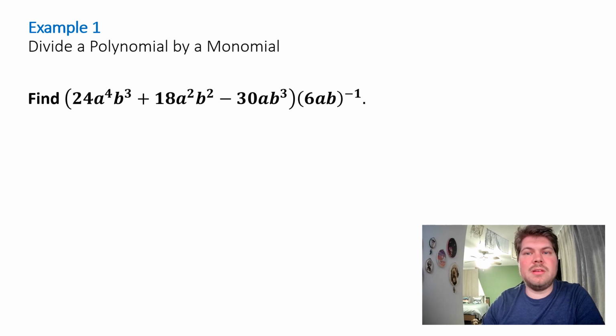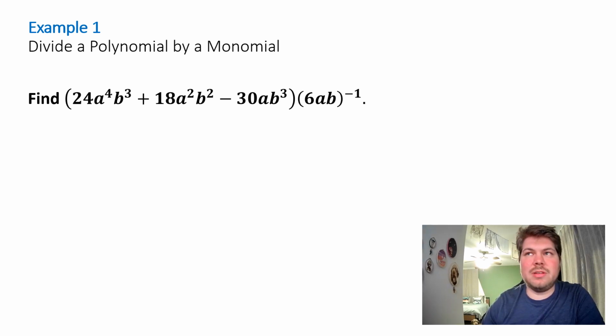Now this one looks scary at first because there's a negative 1 as an exponent. I briefly mentioned this in the last video. You're going to see this pop up for this section. Remember, anything to the negative first, it's really saying you're dividing by that number.